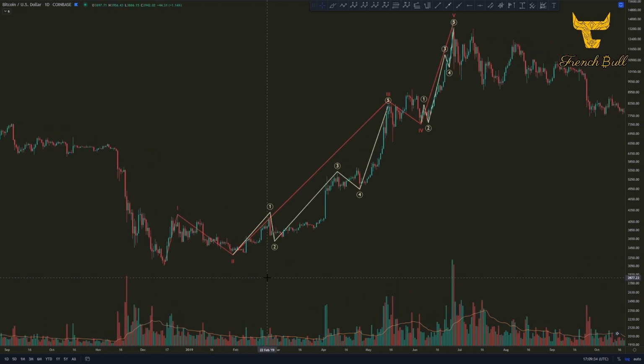Now, wave 3 is the most interesting wave. That's why, when you start Elliott wave, what you're trying to identify the most is wave 2.